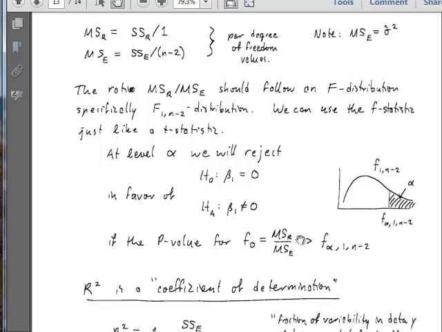And if we want to test this hypothesis at confidence level 100% times 1 minus alpha, then we can look up in a table the tail values of the area under this distribution going off to the right for different values of alpha, and that corresponds to a different value of this F statistic, right?